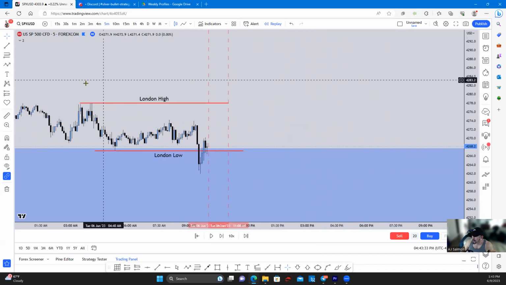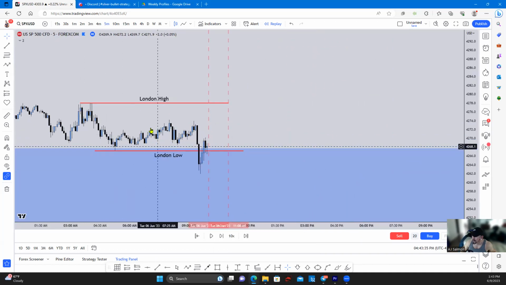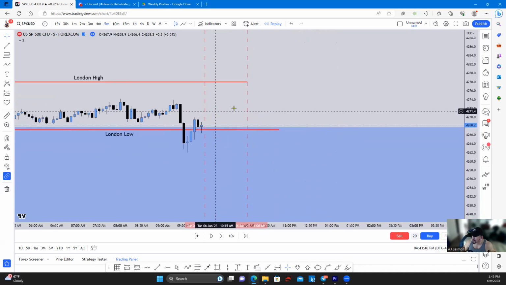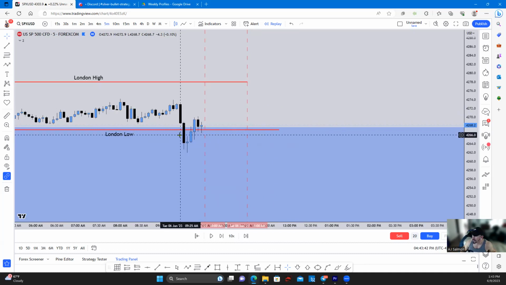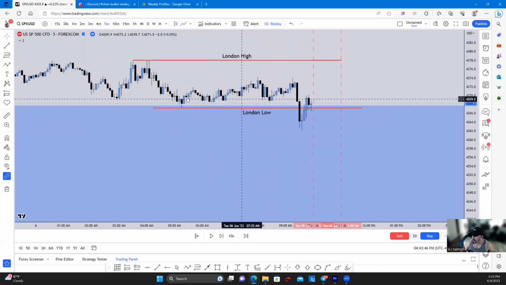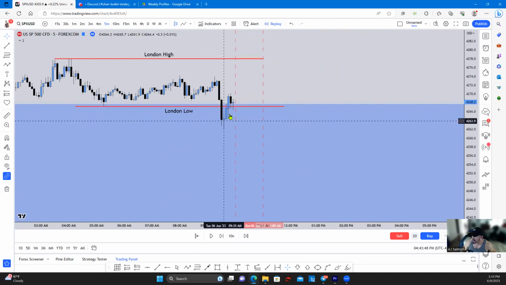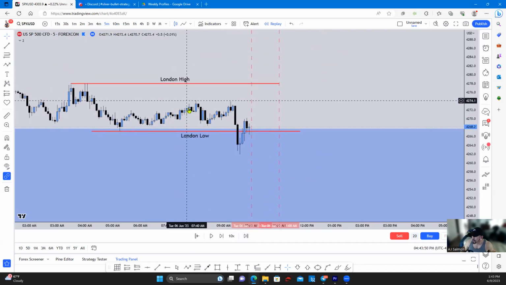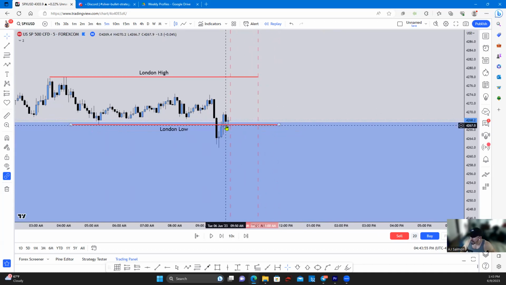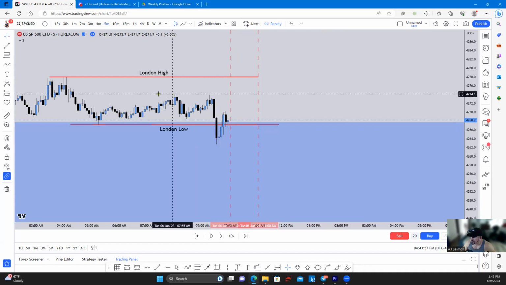So you can see this was your London session here. So coming into this 10 to 11 a.m. trading window, we can see that the London low was taken out as liquidity. So we could potentially run for the highs here.